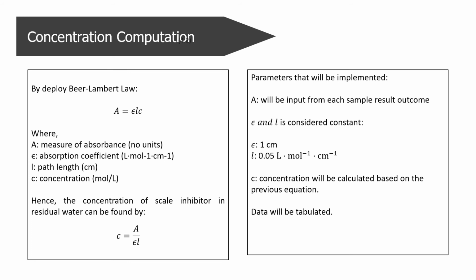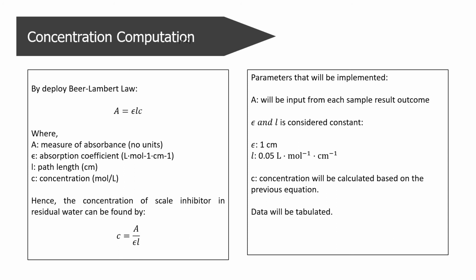As you can see here, these are the equations that we use to calculate the concentration of the scale inhibitor present in the residual water. Here, C is the concentration, A is the measure of absorbent that we can get from the graph, E is the absorption coefficient, and L is the path length.